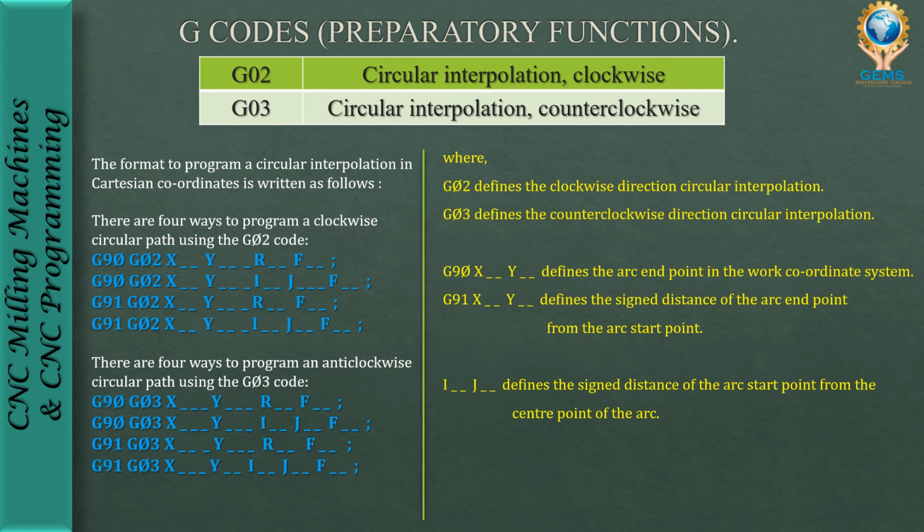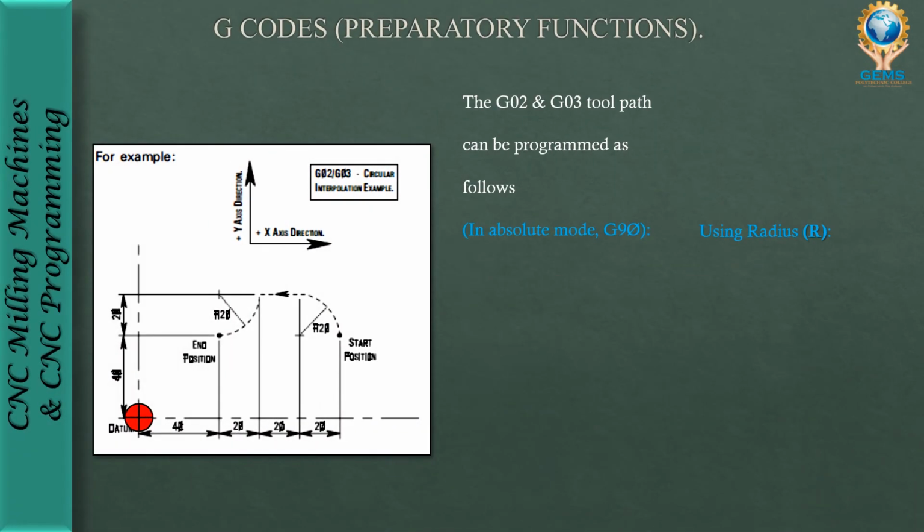I and J define the signed distance of the arc start point from the center point of the arc. R defines the length of the arc radius, and F defines the feed rate along the arc. For example, we can see how a G02 and G03 toolpath can be programmed as follows.